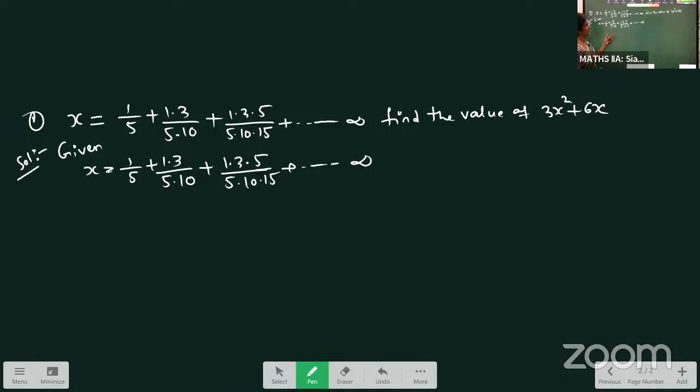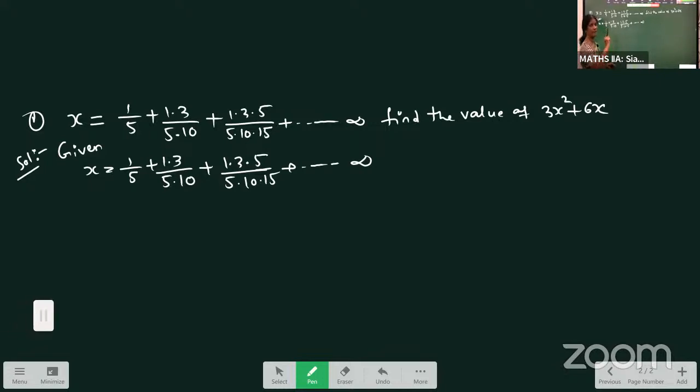Before starting this question, first you have to check whether the given series is a complete series or not. Always the series must start with 1. Check here, it is starting with 1 by 5. How to check? There are 3 steps to follow.